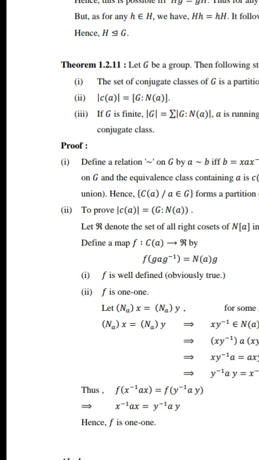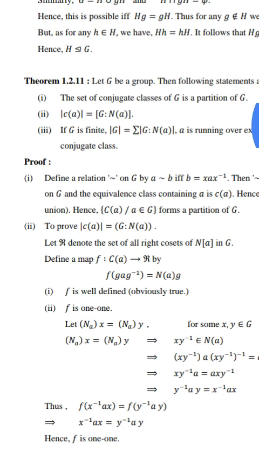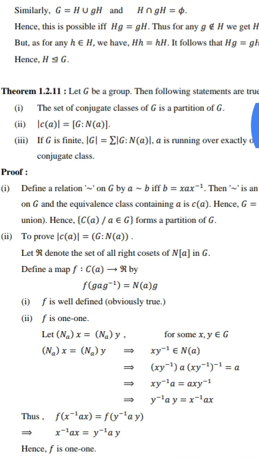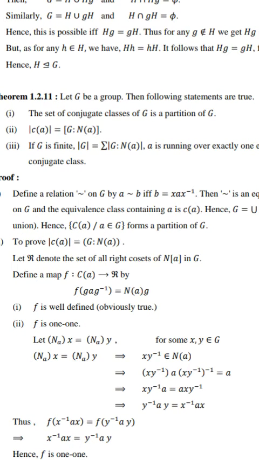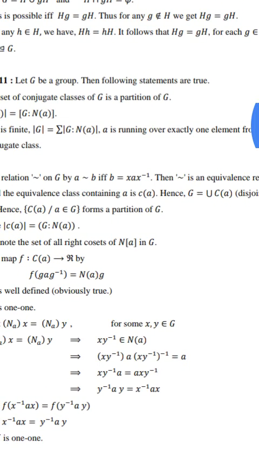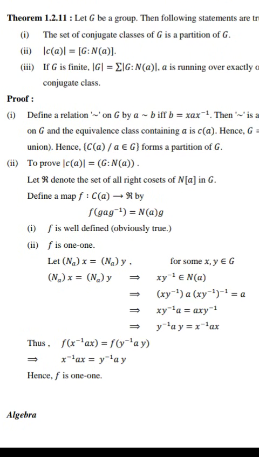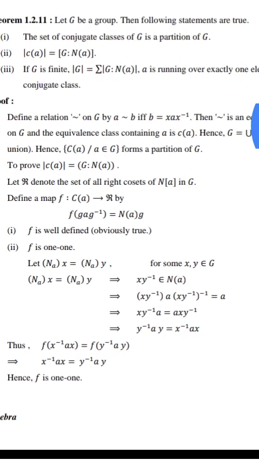Proof: define a relation on G by a is equivalent to b if and only if b is equal to x a x inverse for some x in G. Then this is an equivalence relation on G, and the equivalence class containing a is C(a).